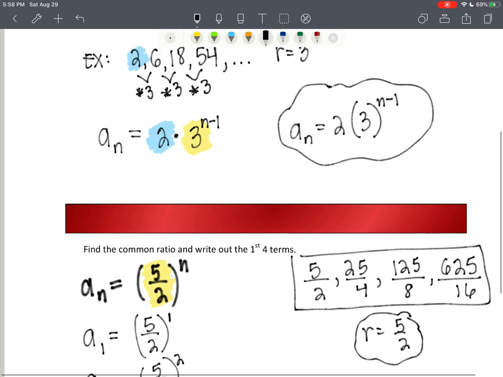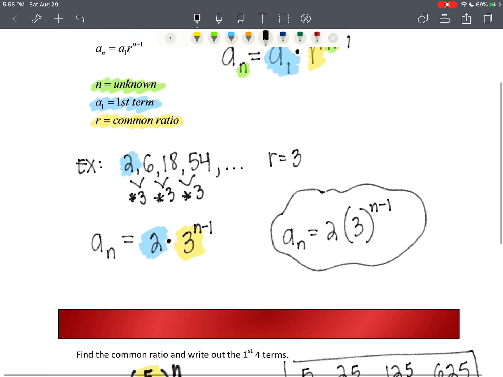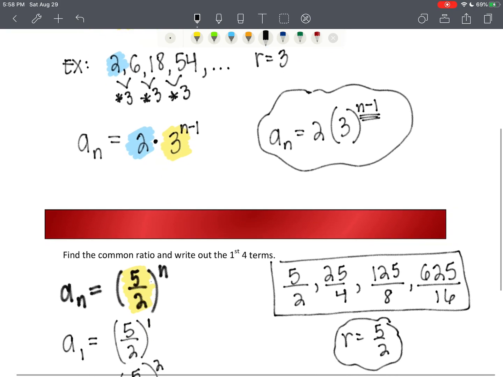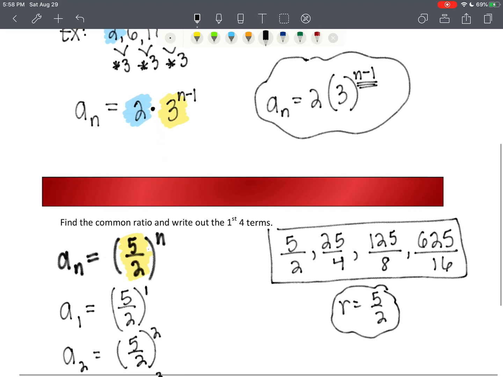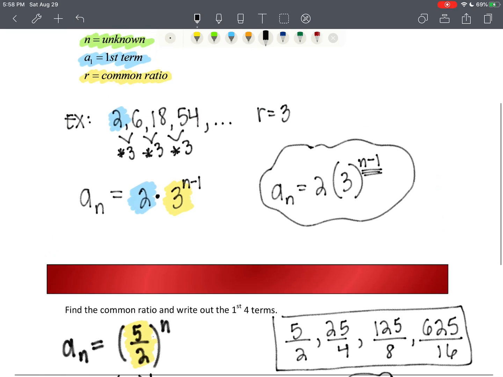Now when we are given the sequence, that is typically when we are going to write in n minus 1. And I'm going to demonstrate that for you in that particular problem.